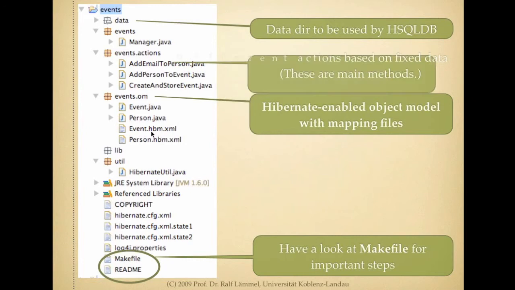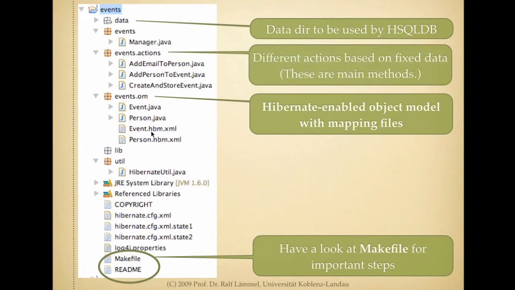Further, we have what we call actions here. These are the ways how we can operate with the application. Say we can, for example, create and store events, or we can add persons to events, or we can add email addresses to persons. And all these actions are implemented by the event manager, the main class here.